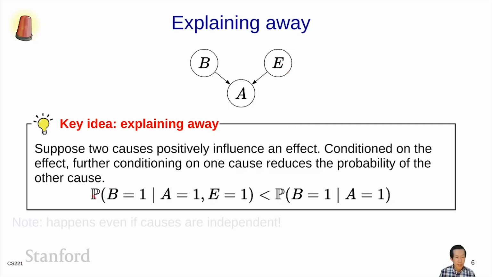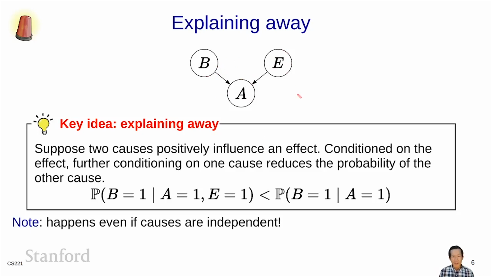Mathematically, this is written as the probability of the other cause given the effect and one of the causes is less than the probability of the cause given just the effect alone. And this is true even if the causes are independent, which might be somewhat counterintuitive. This is kind of the hallmark of Bayesian networks. This is called a V structure. It looks like a V.